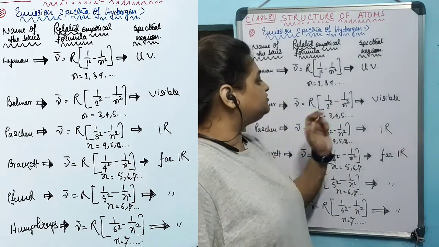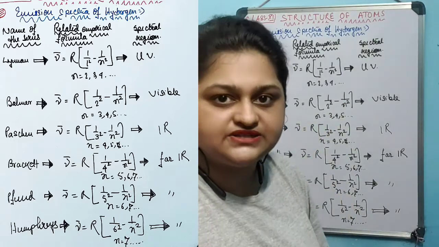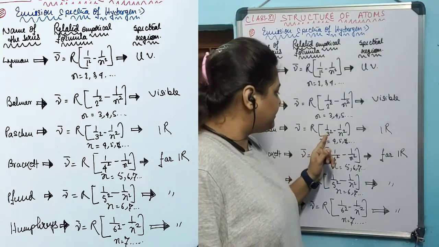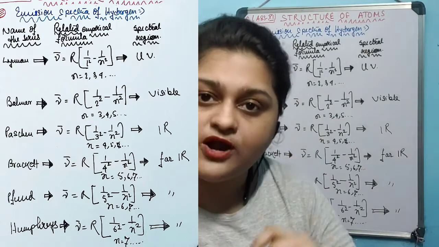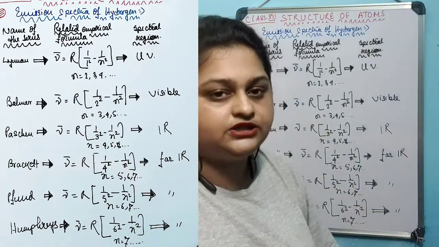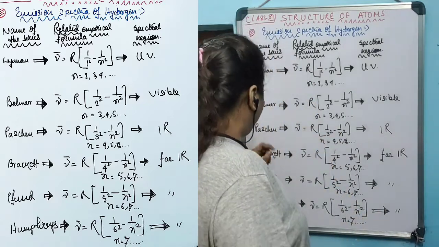So when you put 3 in the place of n, you get the first line in the Balmer series. For the Paschen series, the formula is 1 by 3 square minus 1 by n square. Therefore, you have to put 4 in the place of n to get the first line in the Paschen series.